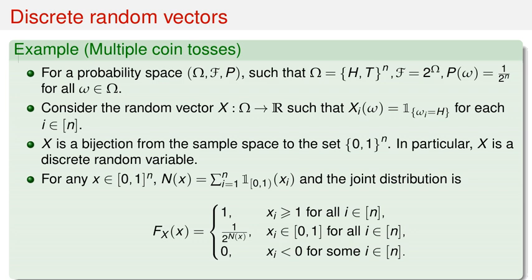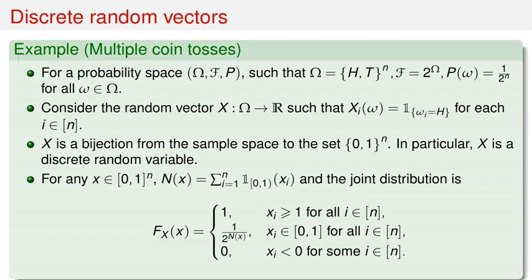For any x in the set {0, 1}^n, let n(x) be the sum from i equals 1 to n of the indicator that x_i is in the interval [0, 1), including 0 but not 1. This denotes the number of zeros in the binary random vector x of length n.